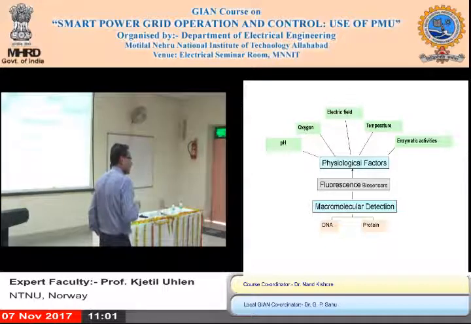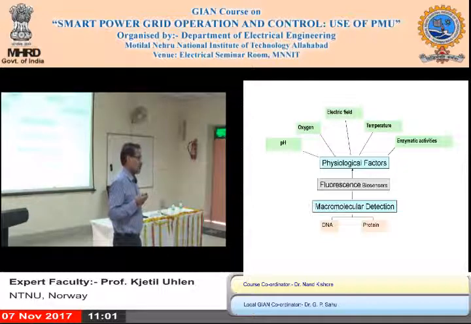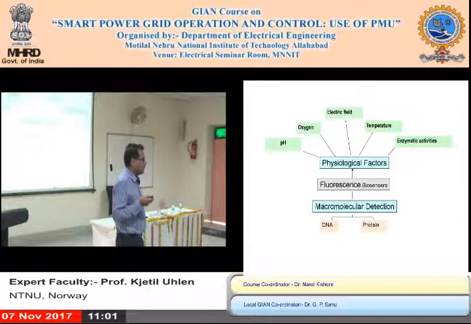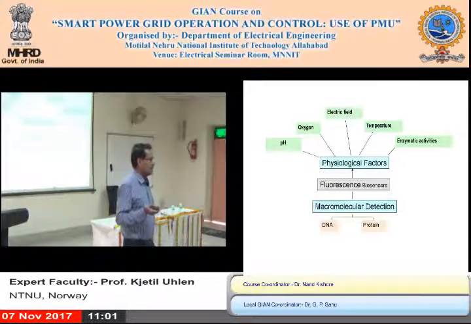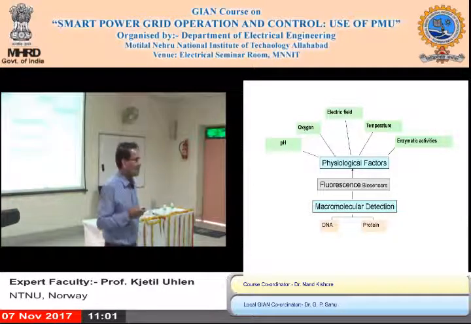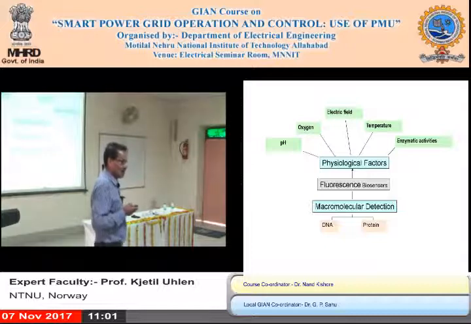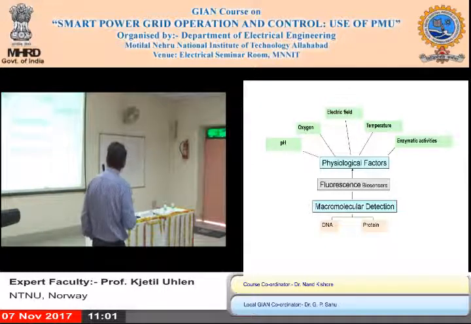Then you're looking at membrane potential. The membranes are charged. Neurons, their potential on the surface plays a very important role, and you want to monitor that. Temperature is very important, because if you have too high a fever, this could be dangerous. Or if you have too low a temperature, your body temperature drops, it can also be critical.